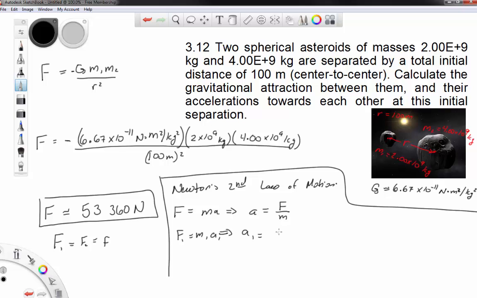And so that implies that A1 is going to be F1 over M1. So that's 53,360 newtons divided by 2 billion kilograms. 2.00 times 10 to the 9 kilograms.